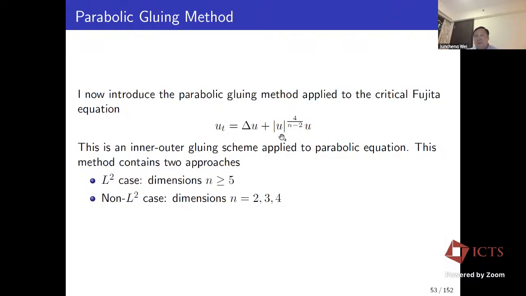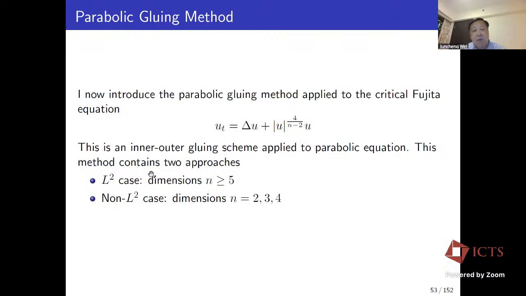And this method is not only useful for constructing solutions, it's also a very important tool for analyzing the blowup solutions, as we're going to see later. So this method contains two approaches.